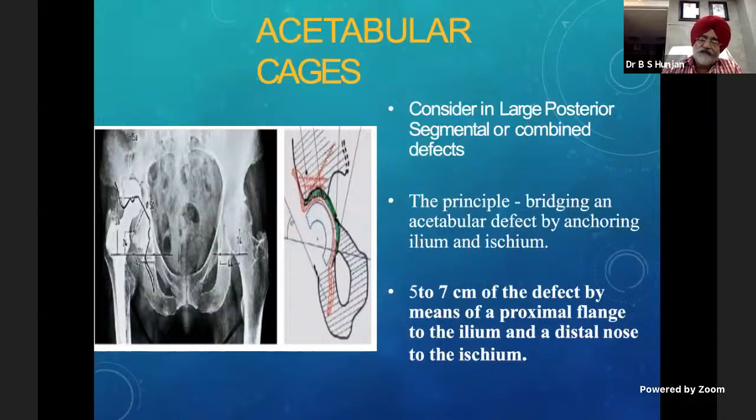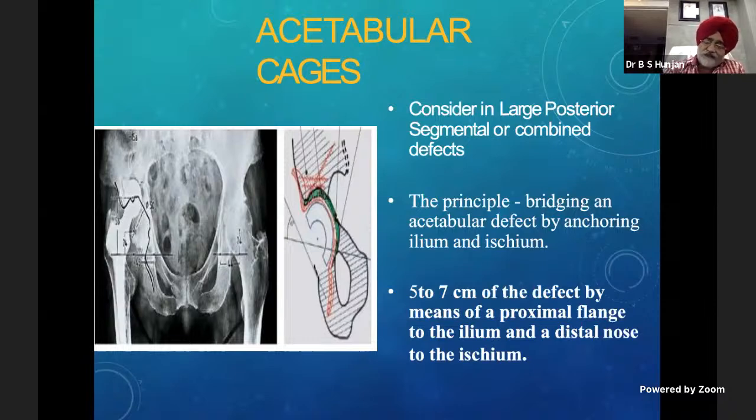For a 5 to 7 centimeter defect, this is done by means of a proximal flange to the ilium and a distal nose to the ischium. Now, this red one is the cage. We fix the upper part of the cage to the ilium, and the lower part we put in the ischium. We make a slot in the ischium and put the nose into the ischium. We can bend it with benders.